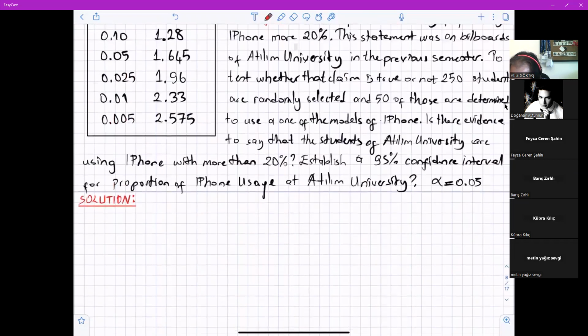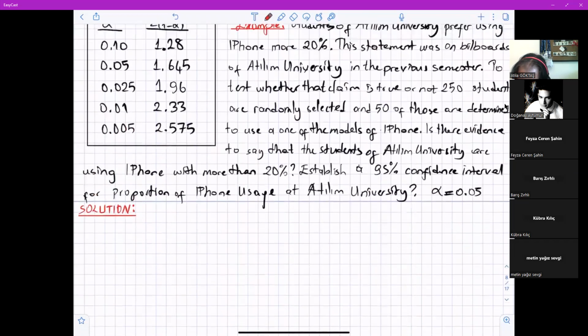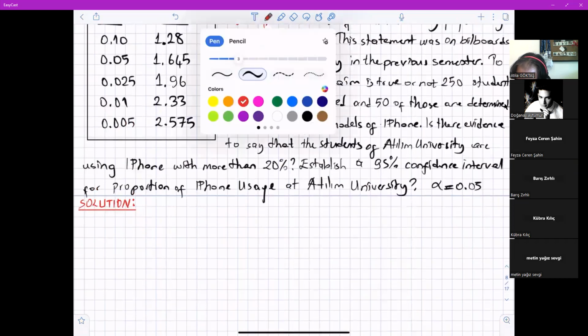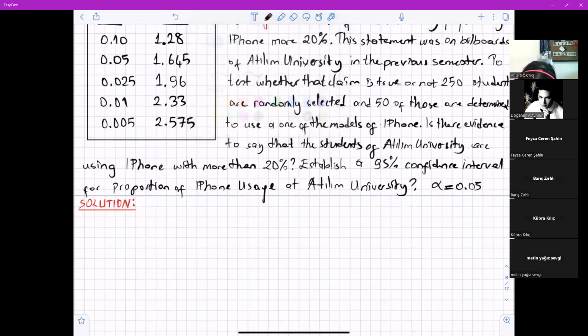So if you read back the example, you will understand that the null hypothesis would be pi less than or equal to 0.20, and the alternative would be pi greater than 0.20.